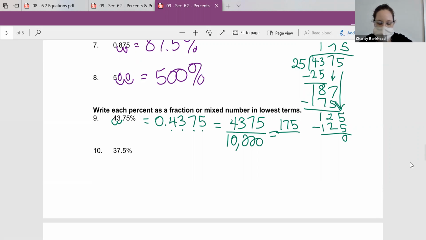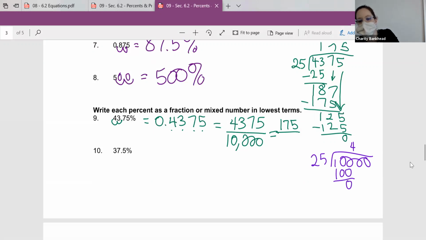And then 25 would go into 10,000 400 times. Basically just add the last 2 zeros on there. So that's going to be 400. So 175 over 400 is still reducible, because I can reduce that by 25 again.